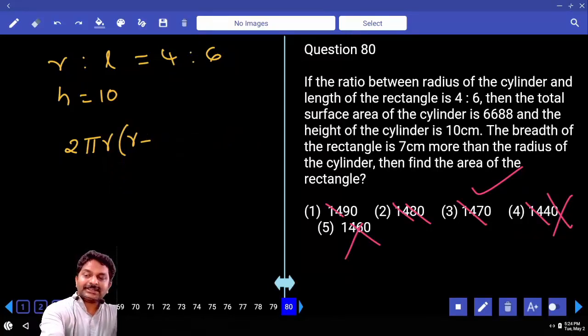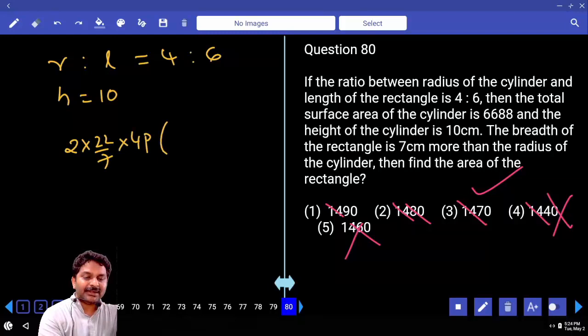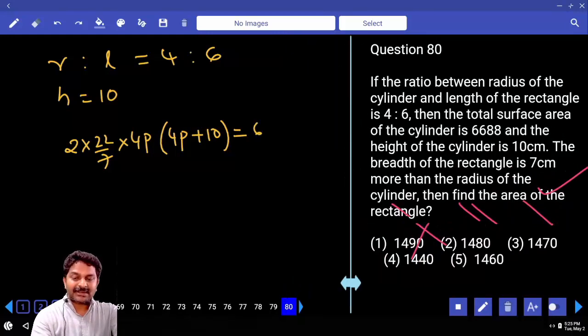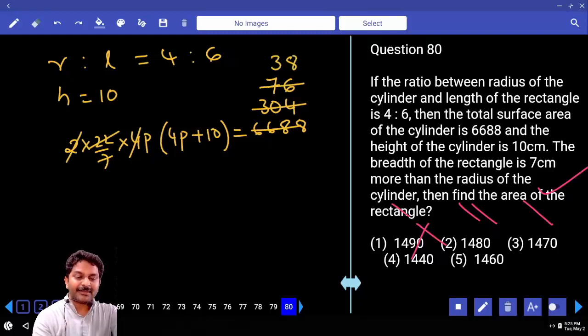Right. Total surface area of the cylinder: 2 pi r, 2 into 22 by 7 into 4 parts into r plus h, 4 parts plus 10 is equal to 6688. Cancellation with 22, 304 times. Correct? Cancellation with 4, 7 times, 6 times 2, 3 times, 8 times.